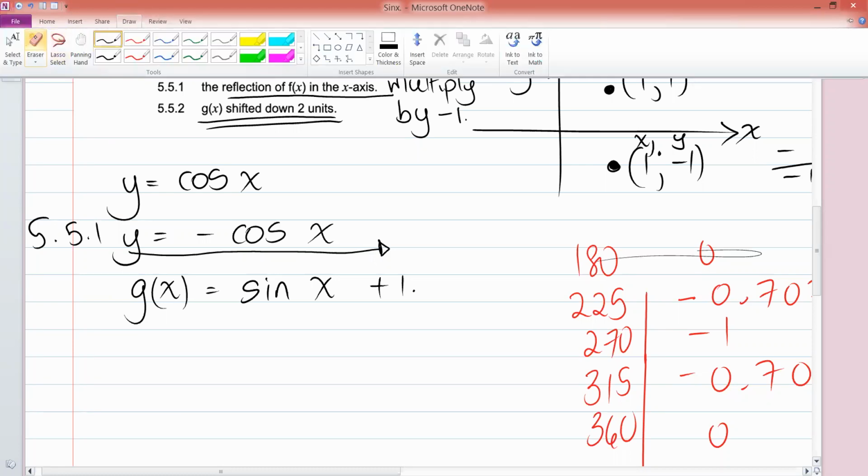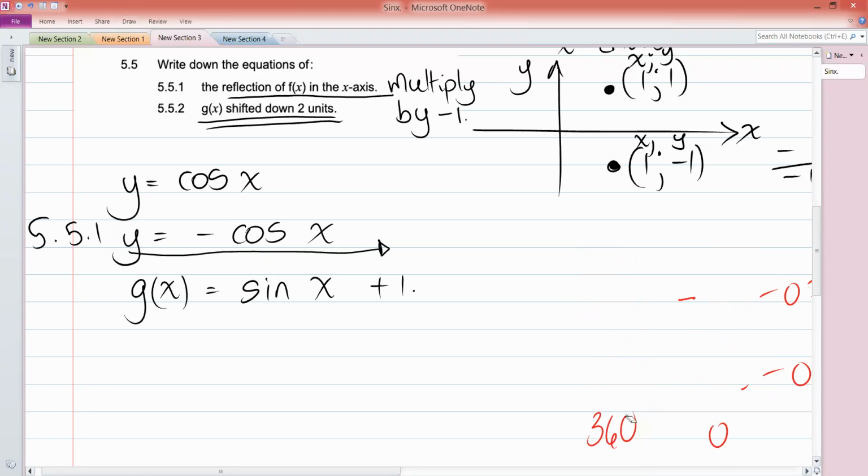Perfect. We're going to subtract 2. So plus 1 and minus 2 here to perform the translation. So your new graph is going to be sine x minus 1. Brilliant. Okay, so this is the new equation.